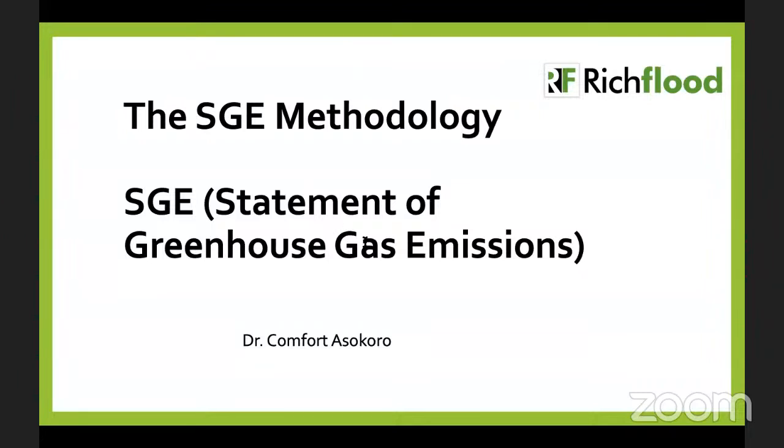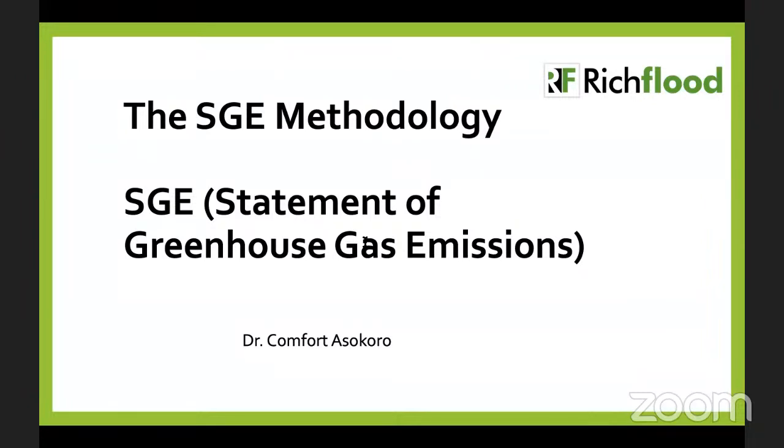Whatever approach is used, it should set out the methodologies that were used to measure, to report, and to verify the emissions. Whatever methodology is being used has to show this. Otherwise, it may not be seen as transparent or as a reliable methodology.